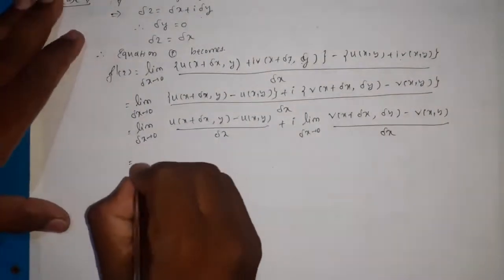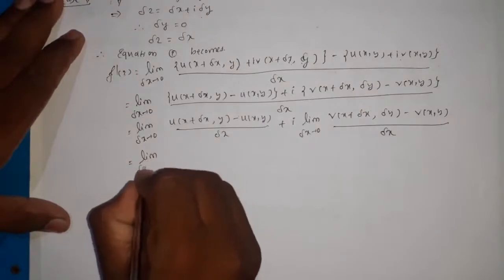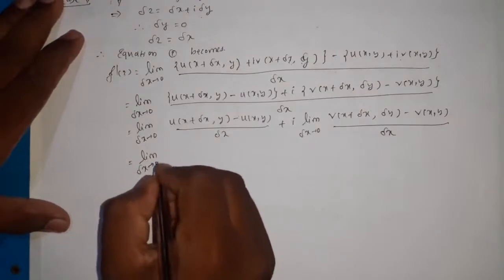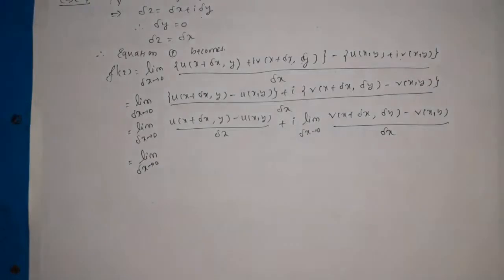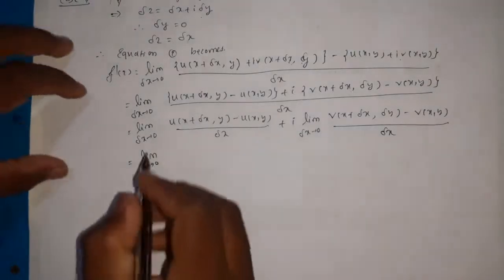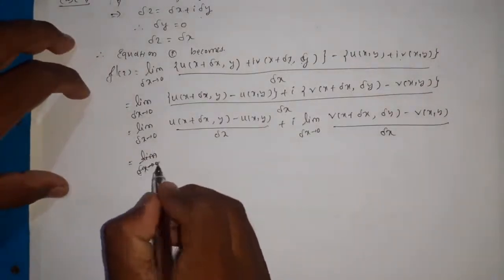Then it is equal to limit as delta x tends to 0. Here no need to apply the limit again.